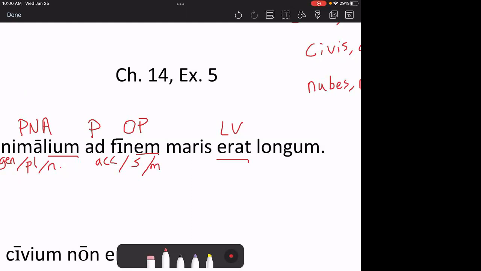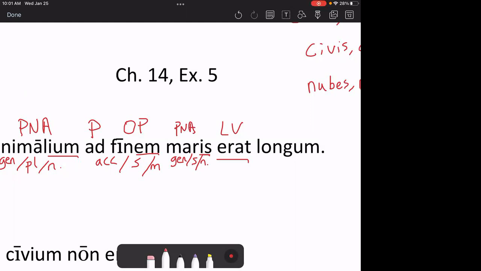Maris is IS, third declension noun. So that's telling us it's genitive, singular. What gender is mare maris? It's a neuter noun. So genitive, singular, neuter. And let's, for now at least, label it PNA. We can revise that if we need to.